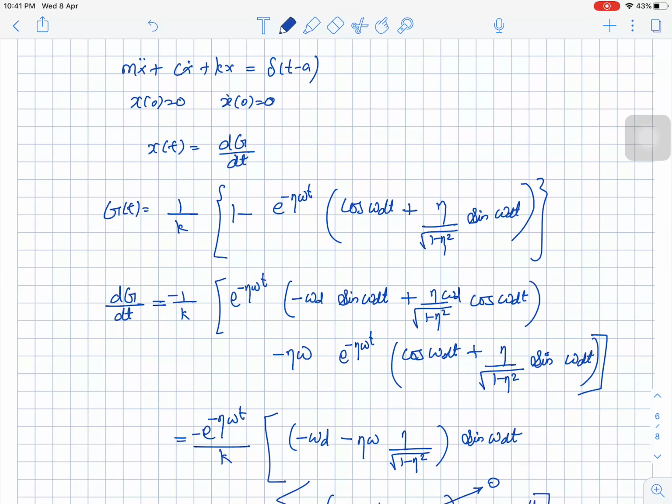So we take the derivative of g of t. This is the expanded version, so you go through this.